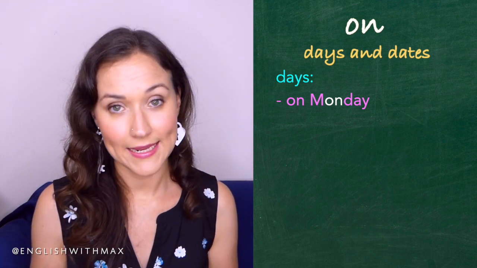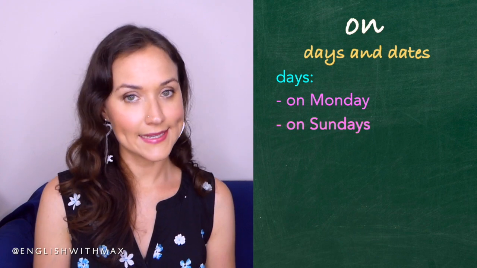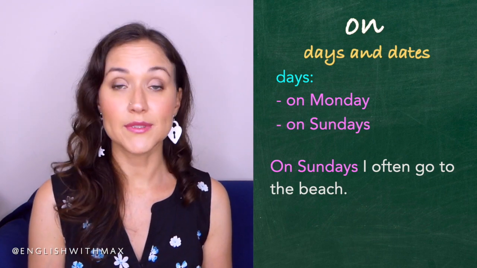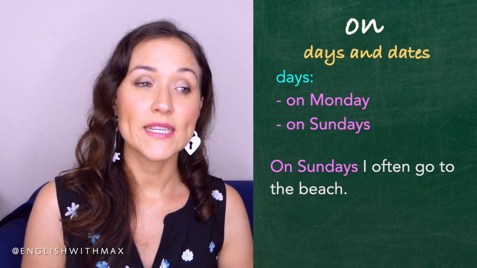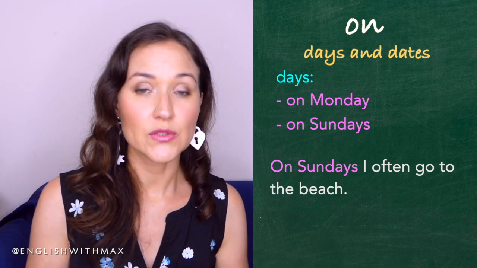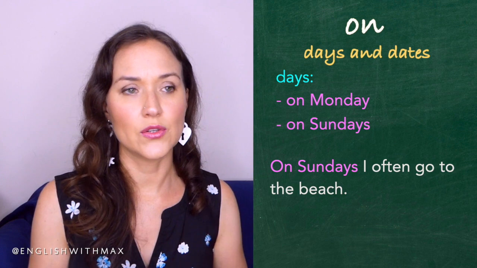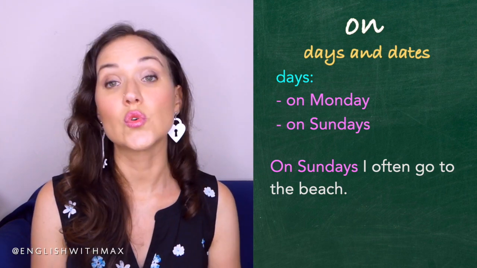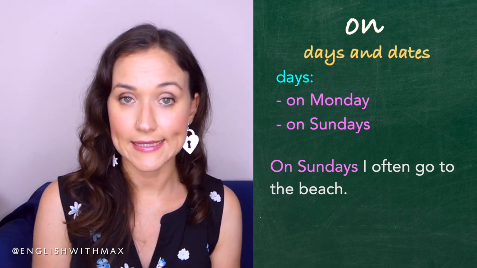On Monday. On Sundays. On Sundays, I often go to the beach. We usually use the plural, so Sundays and not Sunday, if it's for a habit or something that happens regularly.